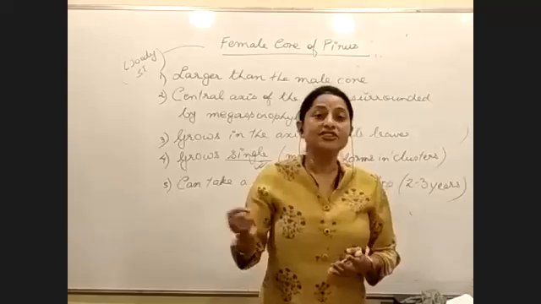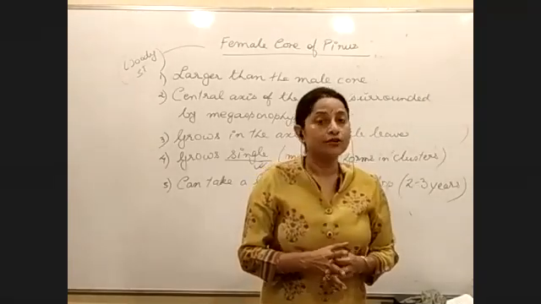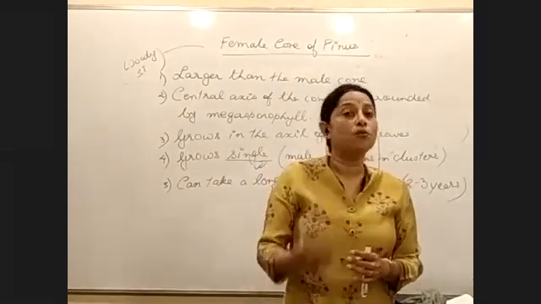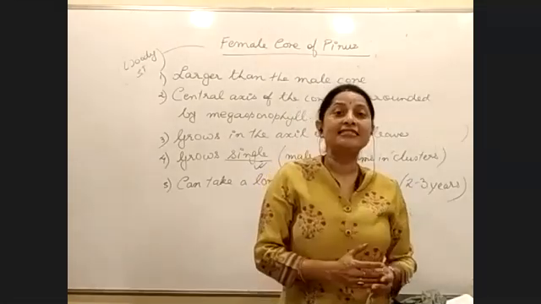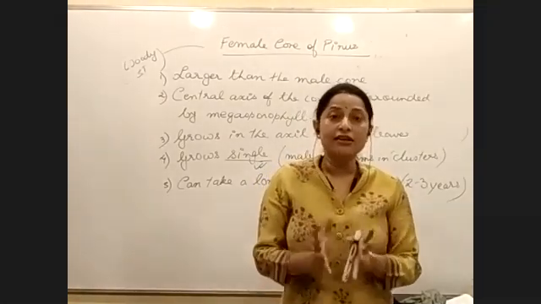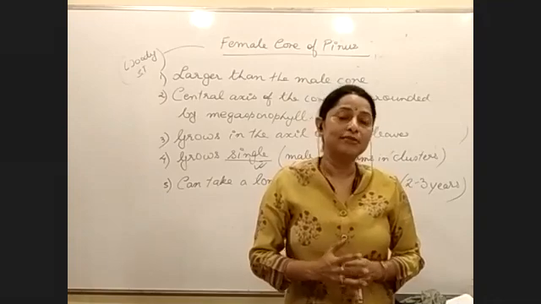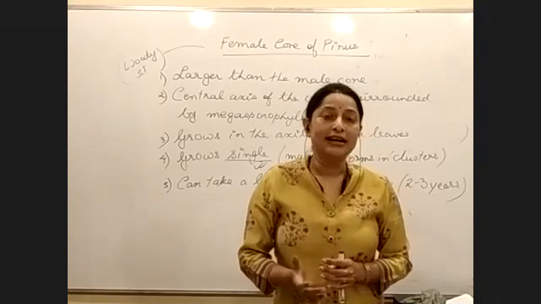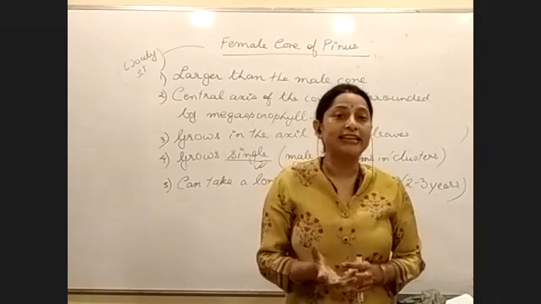Second, pollination also takes them a lot of time. Since so much time is needed, that results in their lesser number. That is why we said gymnosperms are the smallest group of the plant kingdom.